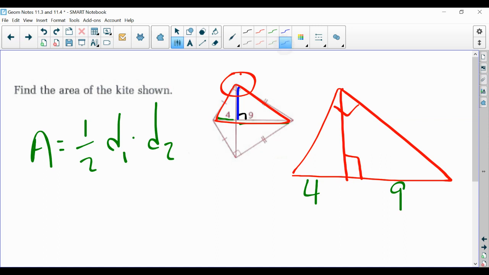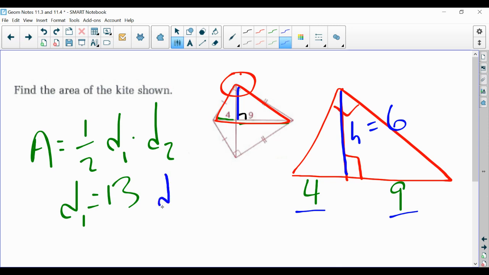And this blue piece right here, if I call it H, that turns out to be the geometric mean of 4 and 9. Or I could say 4 is to H is to 9. And H then turns out to be 6. 4 is to 6, 2/3, and 6 is to 9, 2/3. So that tells me that we knew D1 was 13, and now we know that D2 is equal to 12. Right? Because we're just going to double the 6 to get to 12.